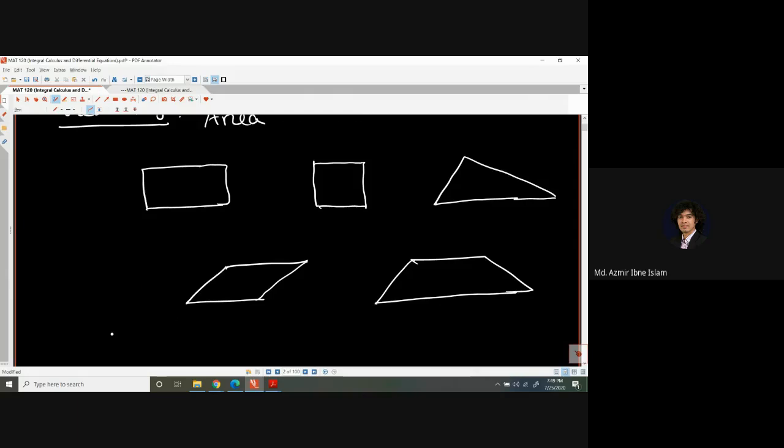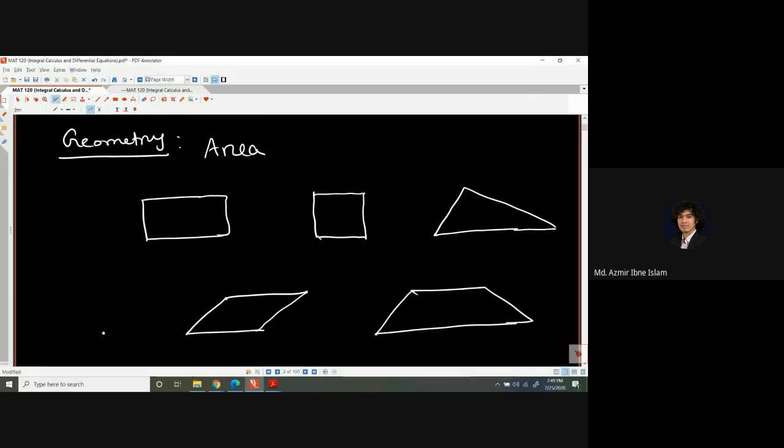So we know from the concept of geometry that for this rectangle, this is base x and height y, so the area will be xy. Similarly, since this is a square, let's say base and height are the same, so the area will be x times x, that is x squared.